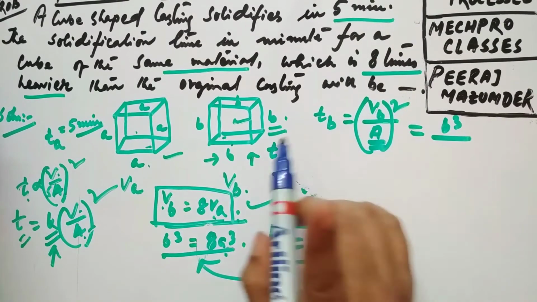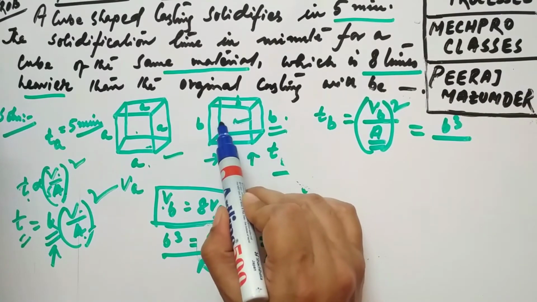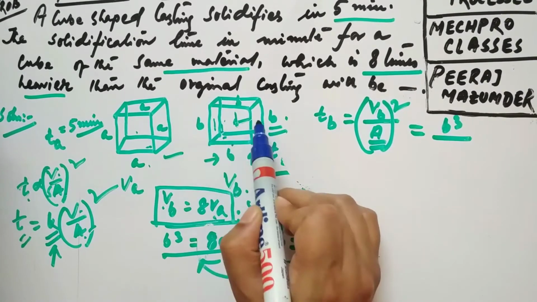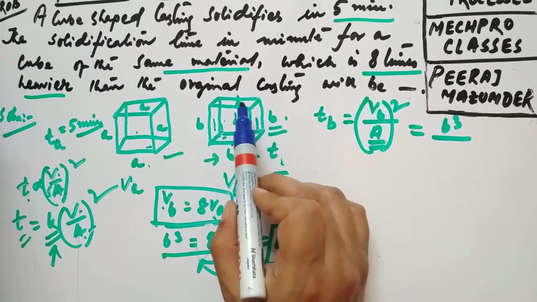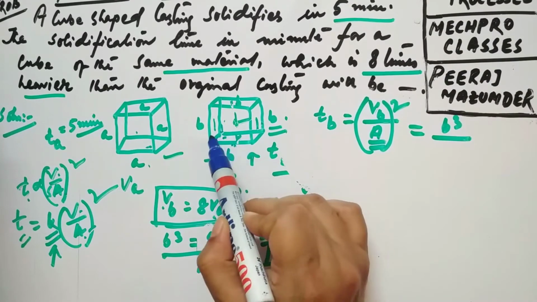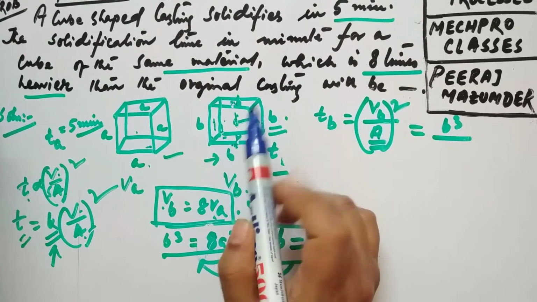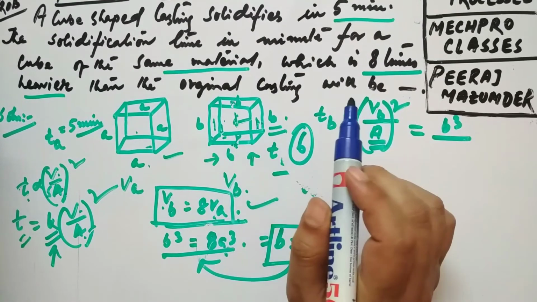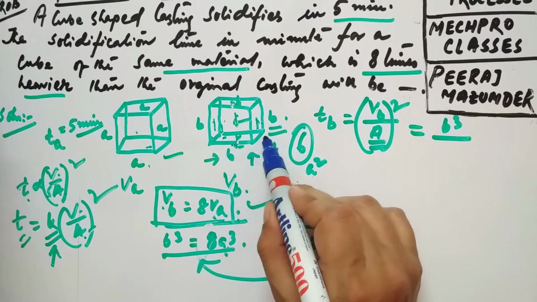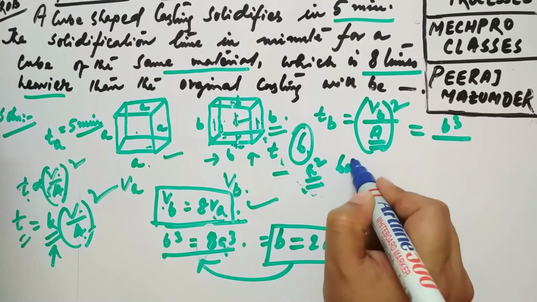Now look, this is the surface area. So how much surface does the cube have? Look, this side 1, back side 1, 1 plus 1, 2, this side 1, this side 1, 4, this side 1, this side 1, the top and bottom, front and back, these two sides. So total 6 sides. Okay. Now surface area, for 2 surfaces you are getting A square, for 6 surfaces you are getting 6A square, simply.